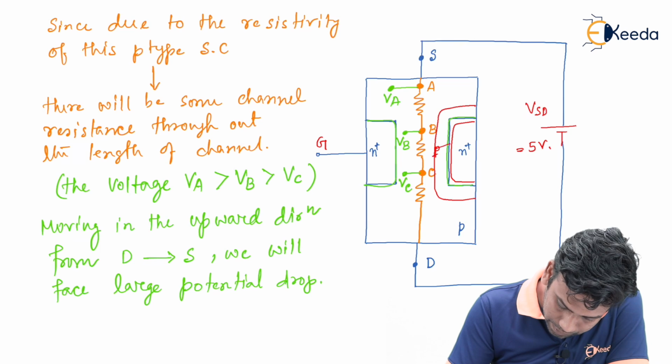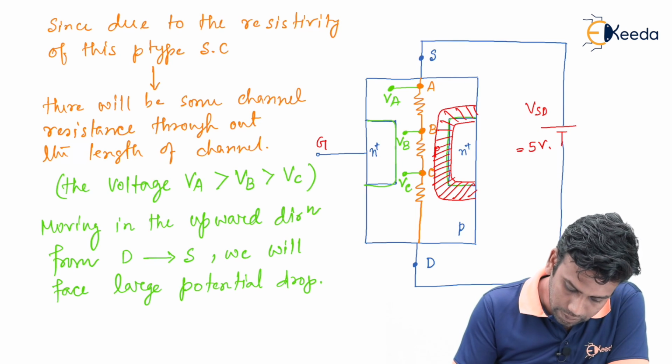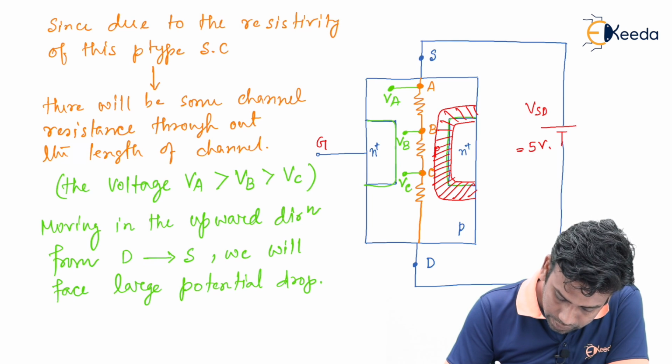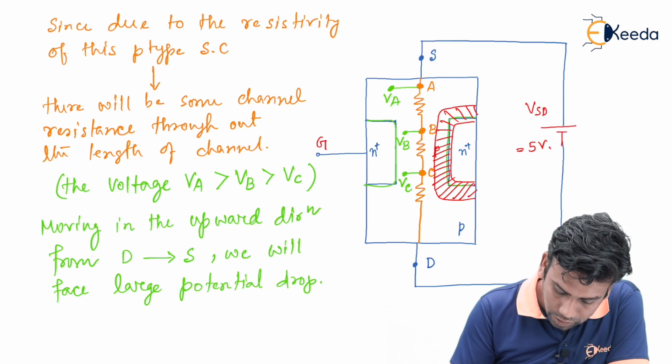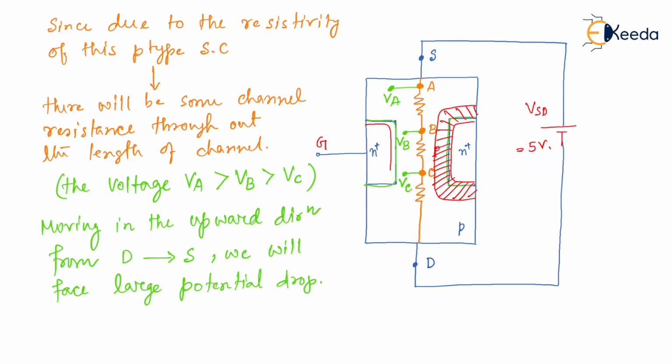This is the depletion region created due to the application of VSD. Similarly, the depletion region will also be created in this fashion at the other N plus P junction.